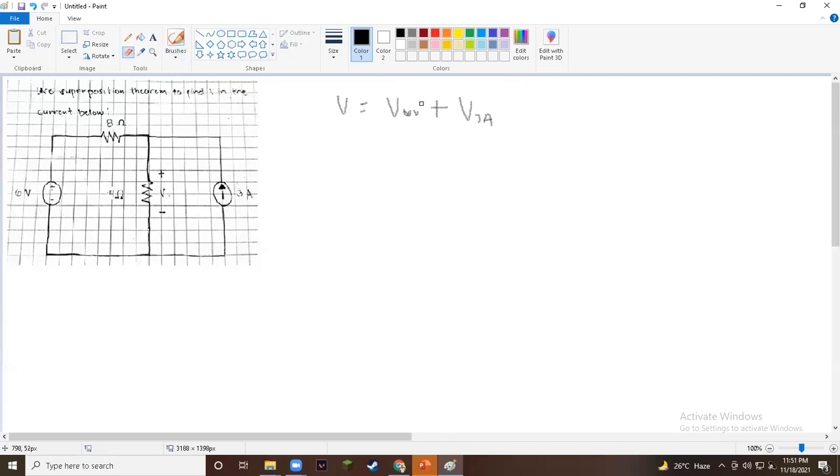So let's proceed. First, we need to find the voltage due to 6-volt voltage source.